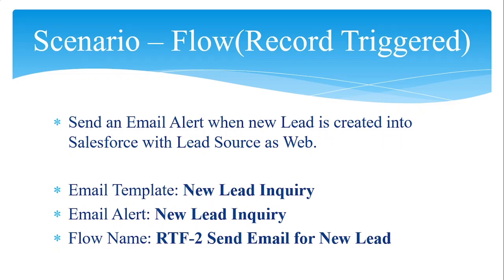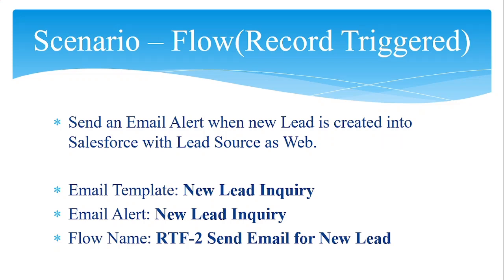So we have to send an email alert for the new leads which are coming into the lead object in Salesforce with the lead source as web. One condition is there: if the lead source is web, then we are going to send an email alert for that lead.